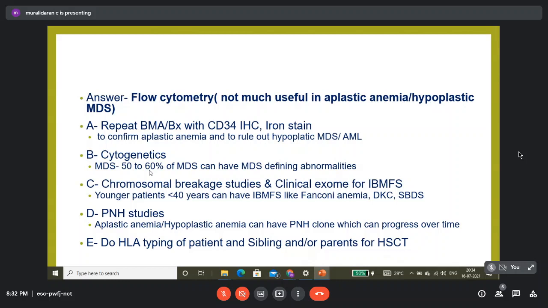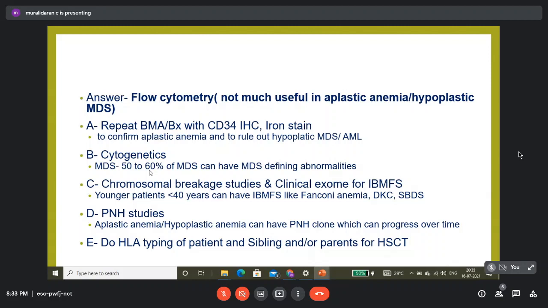Apart from that, we have to do HLA typing of the patient and siblings, which is essential for hematopoietic stem cell transplantation, because in aplastic anemia nowadays in younger patients, that is the treatment of choice that can cure the patient. That is the very good thing about aplastic anemia nowadays, like a 90% cure rate with hematopoietic stem cell transplantation.